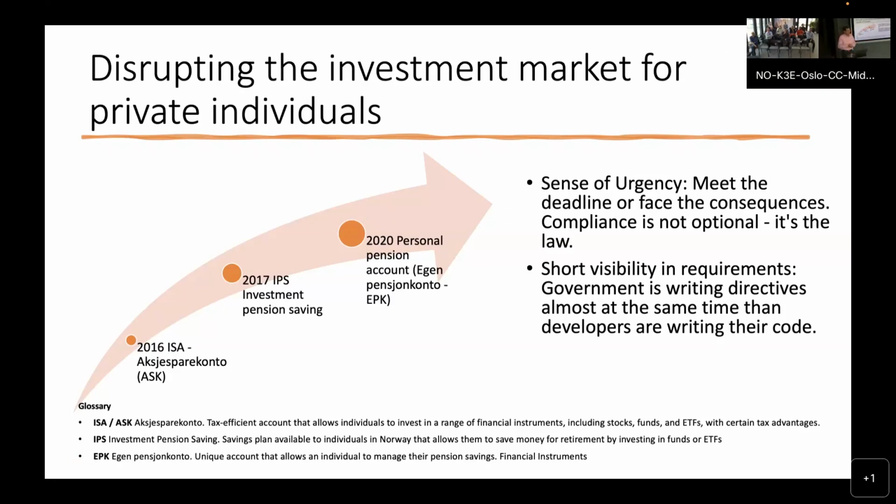And then, when they just finished with that, they said, well, we will do it with pension. They started with IPS, which is individual pension saving, which is one of the products. The two products are more tax optimization. We are not allowed to speak about it, but both aksjesparekonto and IPS are tax optimization.